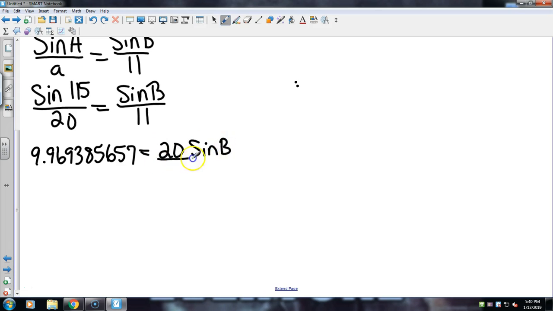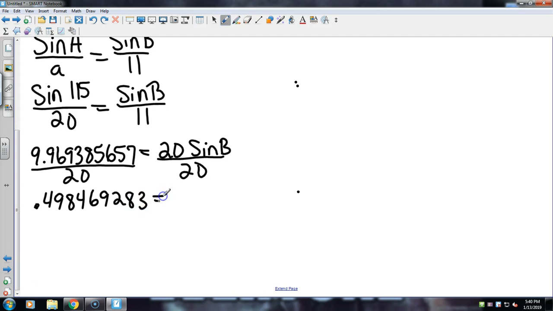I'm going to divide both sides by 20. Okay, so I've got my decimal value equals sine of B.